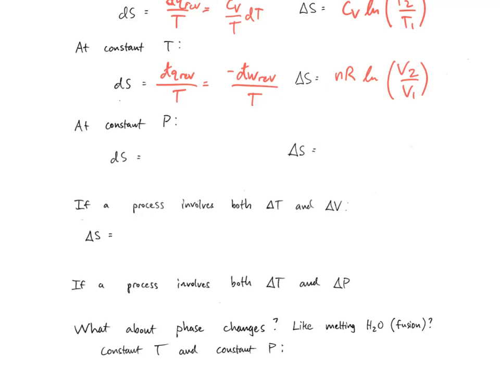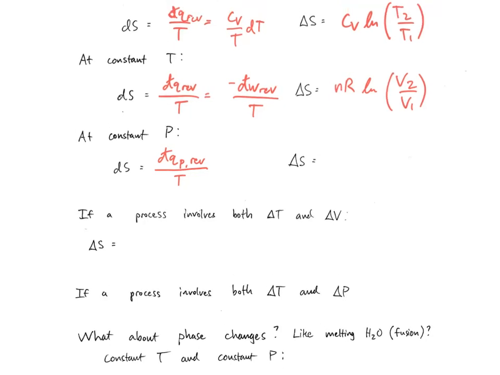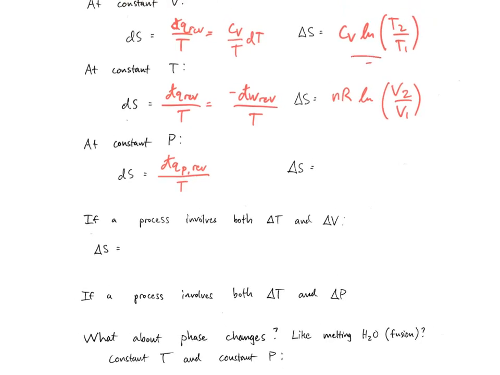This just becomes dq_p,rev, so that's the constant pressure reversible heat, divided by T. And then if you plug this into a similar procedure to the one we did with the constant volume process, this just becomes Cp divided by T dT. And then when you integrate that over a large change in temperature, what you finally end up with is Cp log T2 over T1.